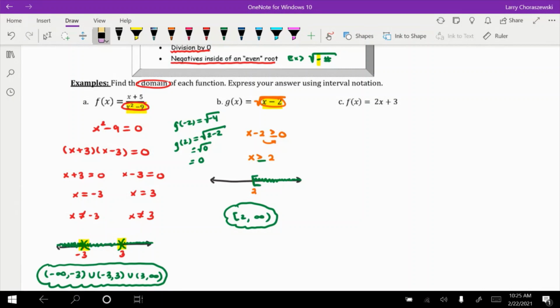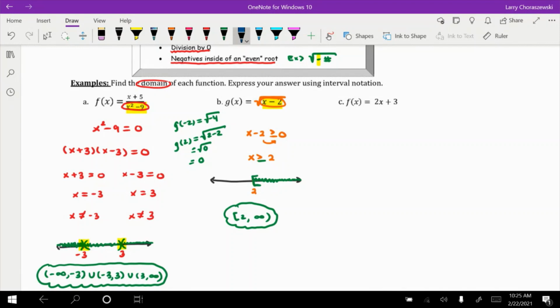And I include stuff like Part C because domain can be one of those skills where the problem looks so easy that it can kind of make itself complicated. But for Part C, there's no way that we could divide by 0. There's no x in the denominator of a fraction.